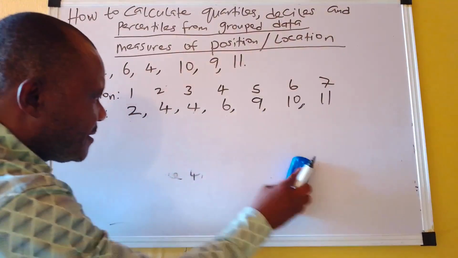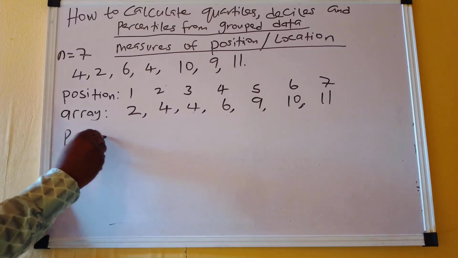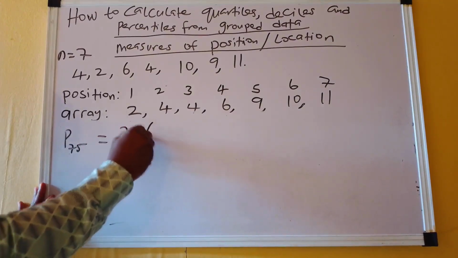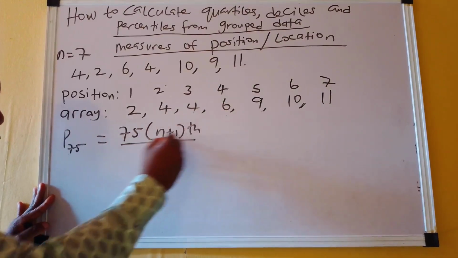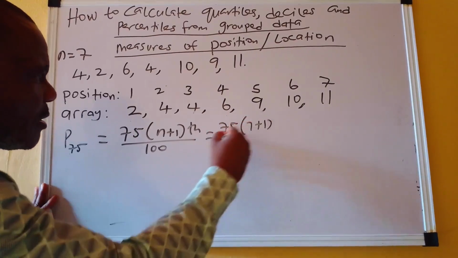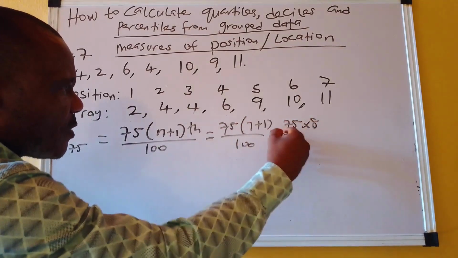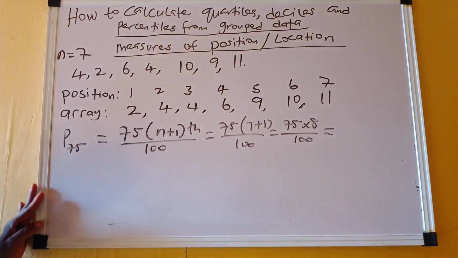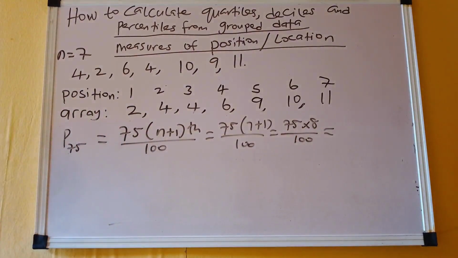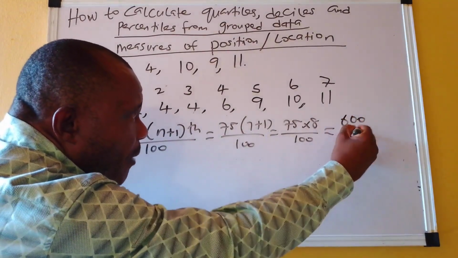The 75th percentile, P75, will be calculated as 75 times (n plus 1) all over 100, and that is equal to 75 times (7 plus 1) all over 100, which is 75 times 8 all over 100. 75 times 8 will now be equal to 600 over 100.